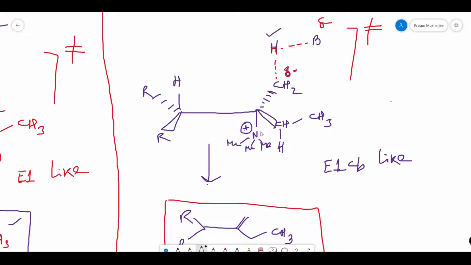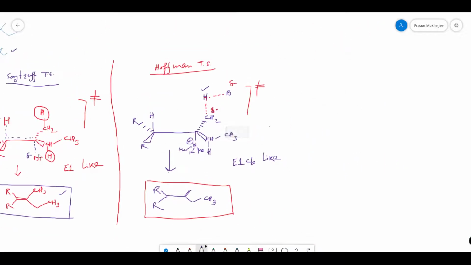Why is this so? Because the nitrogen here is positively charged, but in case of Saytzeff elimination there is a bromine atom, which is an electronegative element, but its electronegativity is not as high as this positively charged nitrogen. So obviously this carbon-nitrogen bond is much more stable than this one.